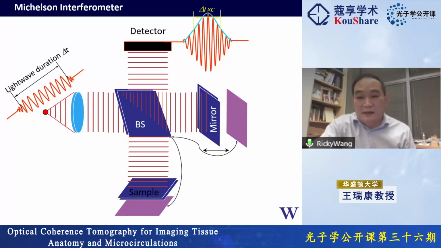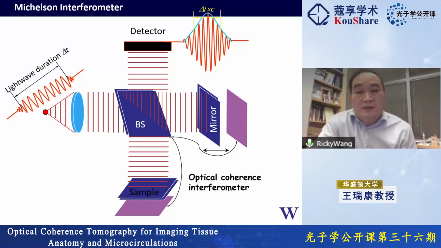And I think that's understandable. Any questions for this? I think everybody understands, right? Okay, so if everybody understands, then you are the expert of OCT. OCT is as simple as that. Okay, so basically this is how OCT works.